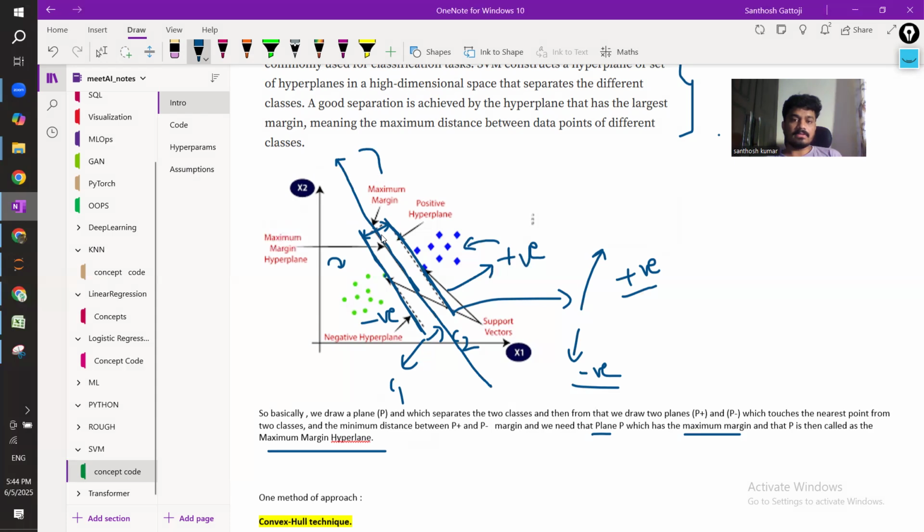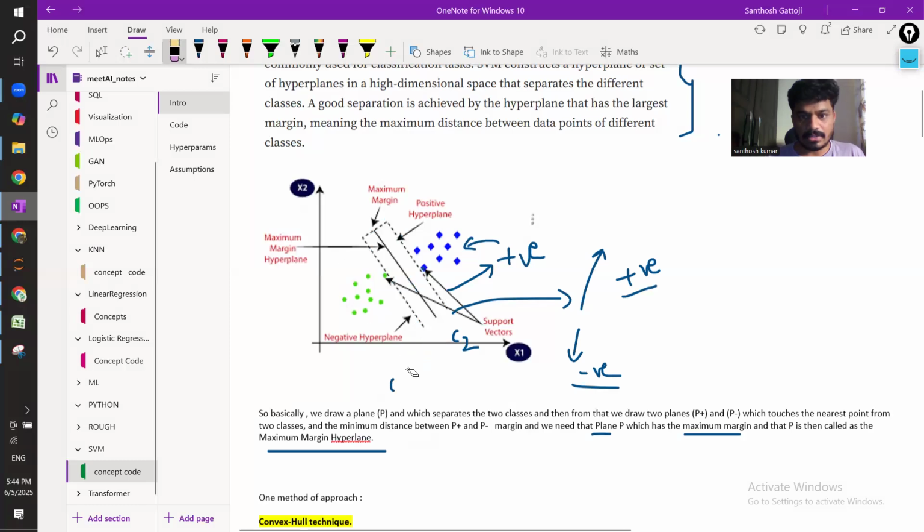Whichever planes you can draw, you can draw 10 planes, Karthik, even touching this you can draw 10 different planes.